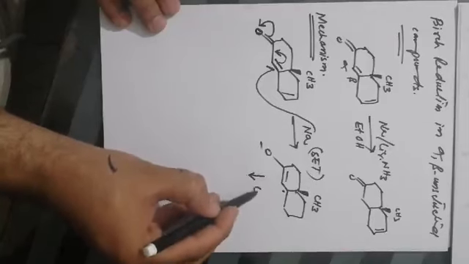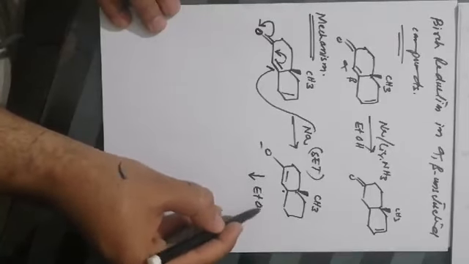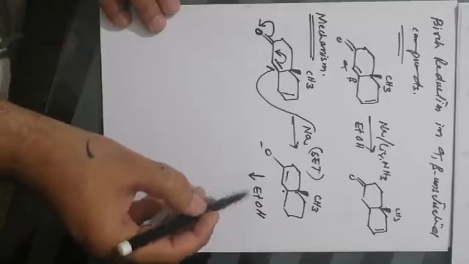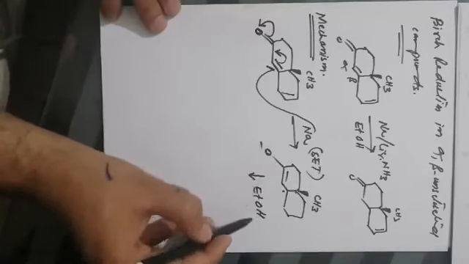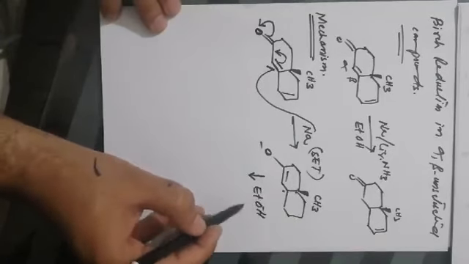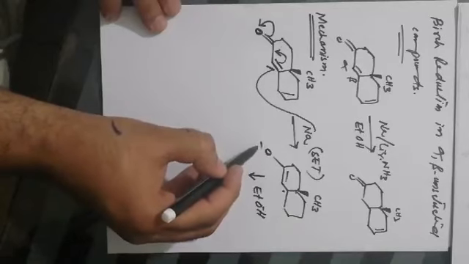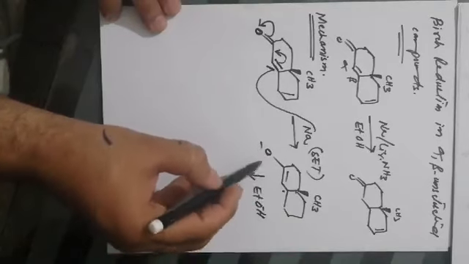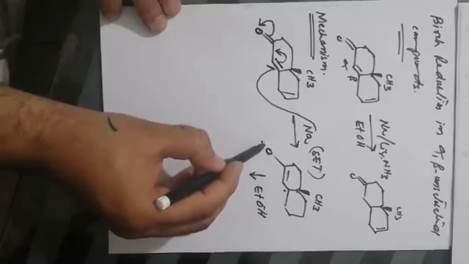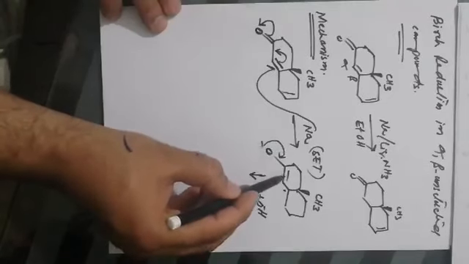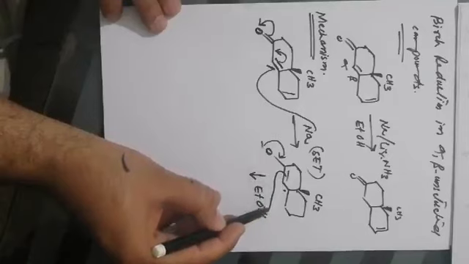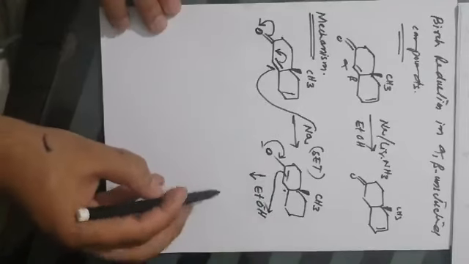Next step is the abstraction of hydrogen. So this bond comes back and it abstracts the hydrogen from here.